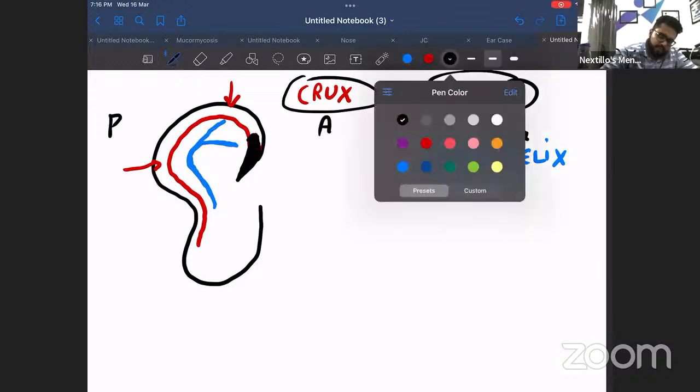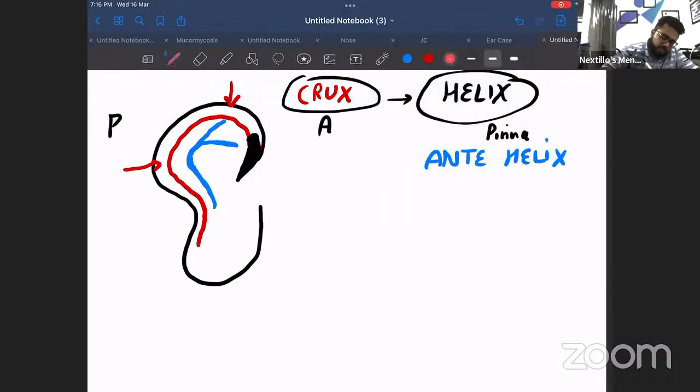Can you see there is a space formed between these elevations? And what is the shape of the space? Triangular. So this divides the depression into two shapes, boat-like and triangular. This boat-like is what we call the scaphoid fossa, and the triangular is one which we call the triangular fossa.